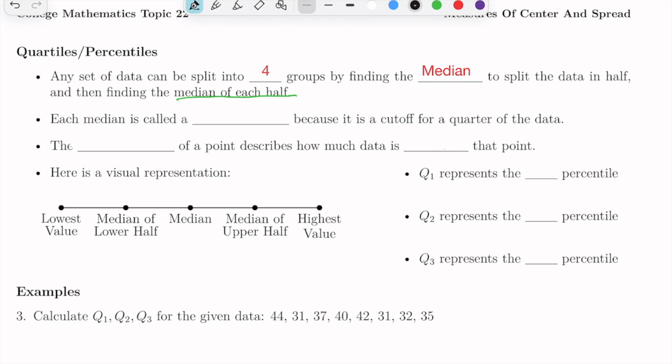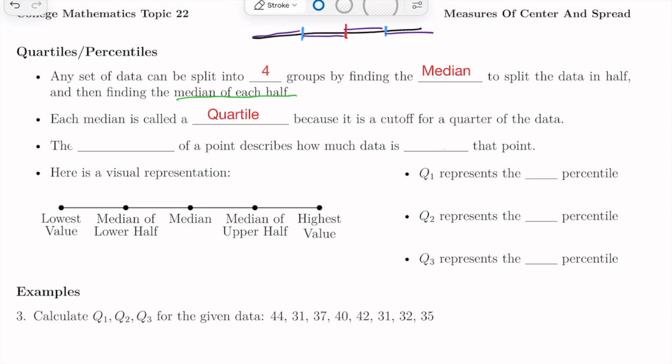If you wanted to cut something into 4 equal parts, the easiest thing to do is to first cut it in half, and then cut the lower half into halves and the upper half into halves. And what you've now done is created 4 equal sections, right? And so these are called quartiles. And each of these is a cutoff for 1/4 of the data.